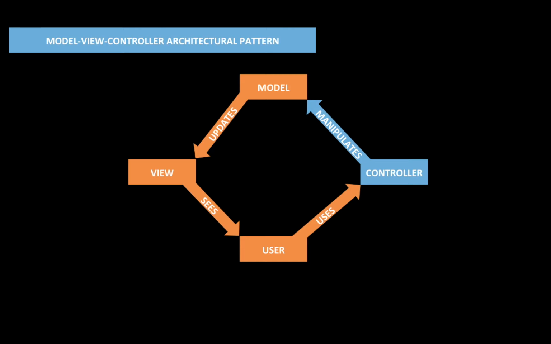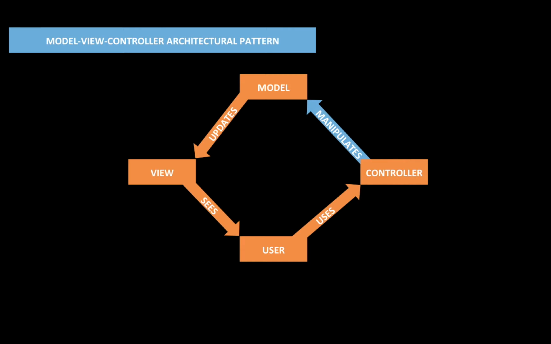The business logic of how the application should respond is determined by the controller. So it might say, if your order is over $100, apply a 10% discount. So this logic probably needs to be validated on the server because it's sensitive, but some of it might happen on the client as well. That's all contained in the controller.